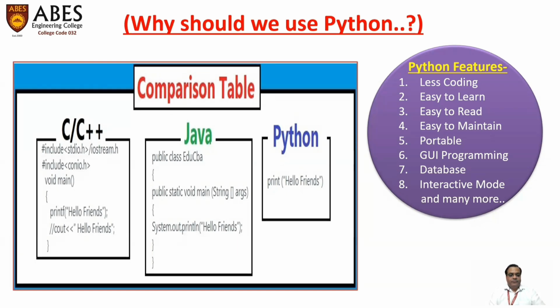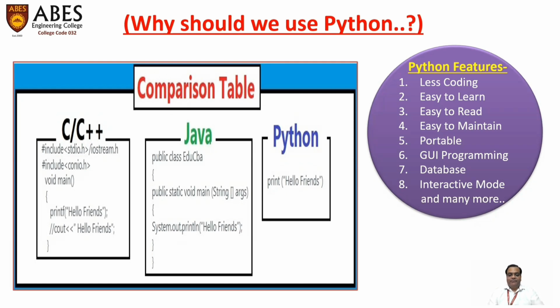We have to use the main function and the following two lines of code where printf hello friends, and if we are using C++, then we have to use the cout function in which we provide the hello friends string.